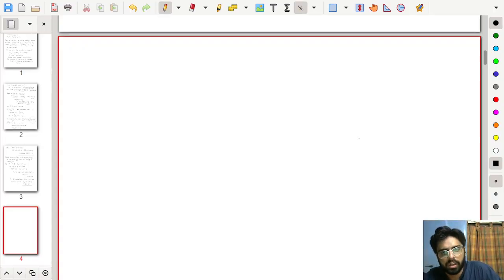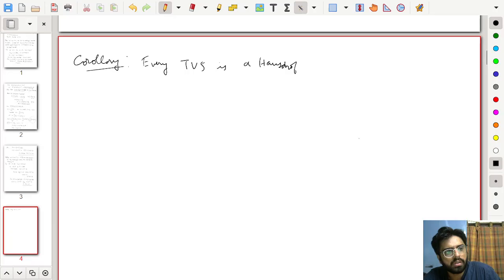Moving to the next corollary, it's a simple corollary. Every TVS is a Hausdorff space. Proof is very simple. Let x, y belong to X, where x is not equal to y.